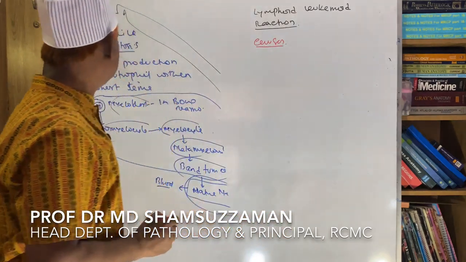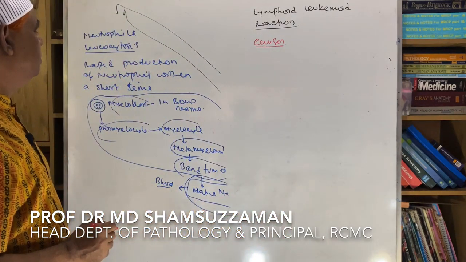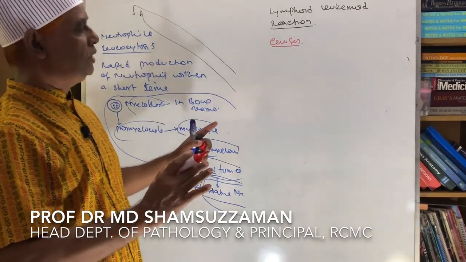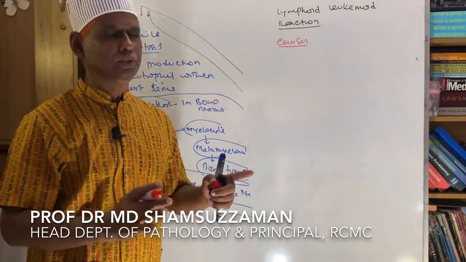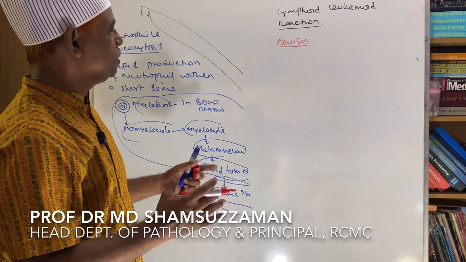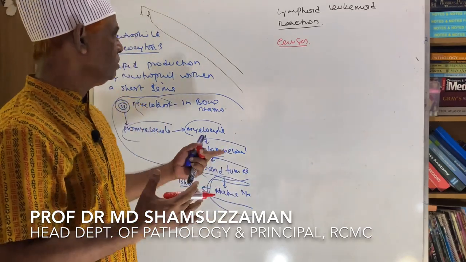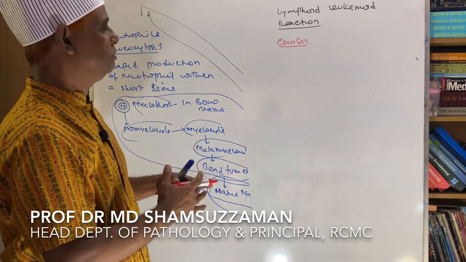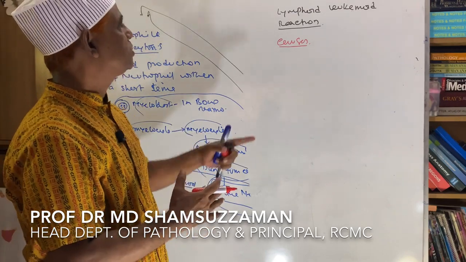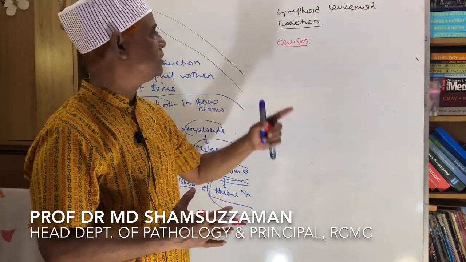I've told you, in case of myeloid leukemoid reaction, the diseases or situations where there is overproduction of neutrophils within a short time are the causes of myeloid leukemoid reactions. So what are the causes of lymphoid leukemoid reactions?